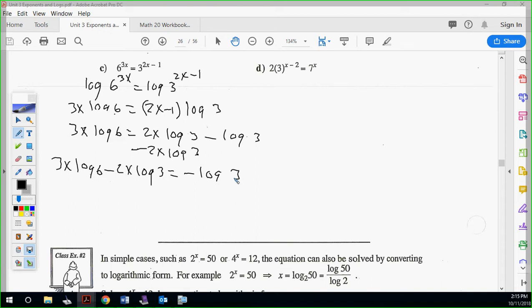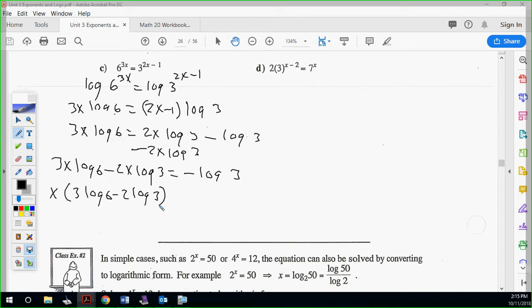Let's just get back. What's the goal right now? We're trying to isolate x. They both have an x in common. Pull it out. It's awesome. But that's neat because look, this whole thing right here, that's a value.